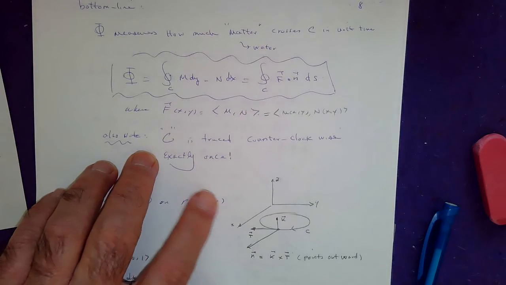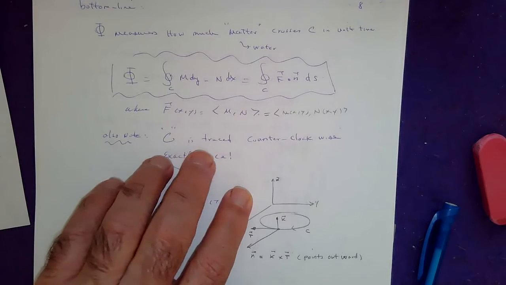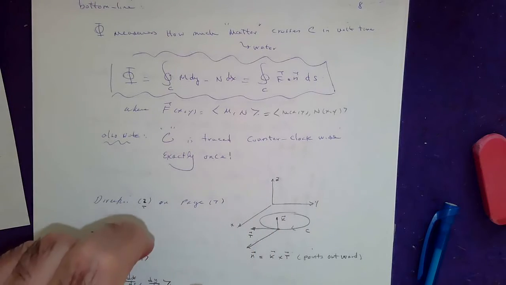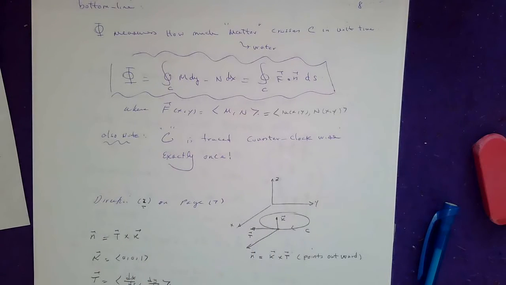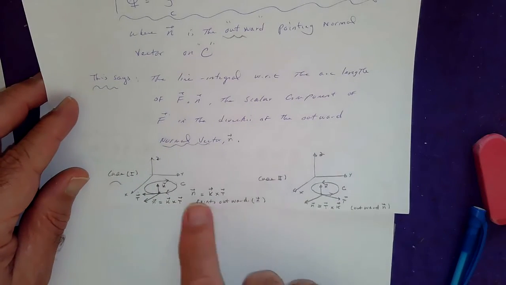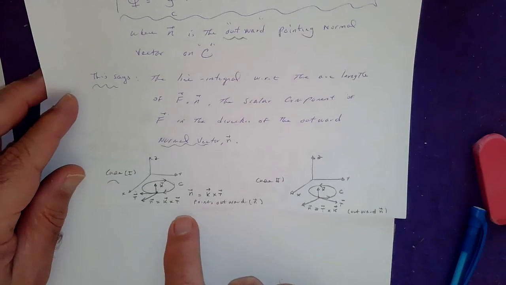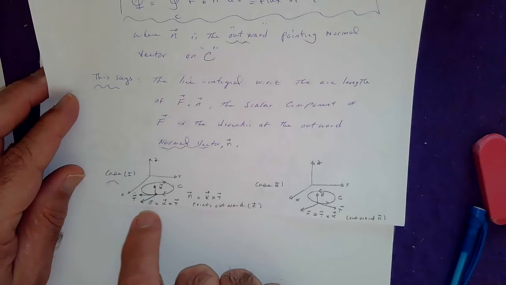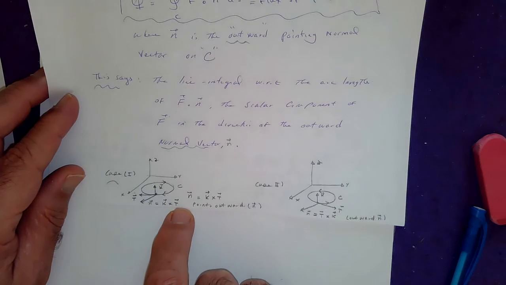And the other factor we have to keep in mind is that C traces counterclockwise exactly once. So in other words, I can have clockwise or counterclockwise. In both cases, n is defined differently. In the clockwise situation, n is defined as k times t.